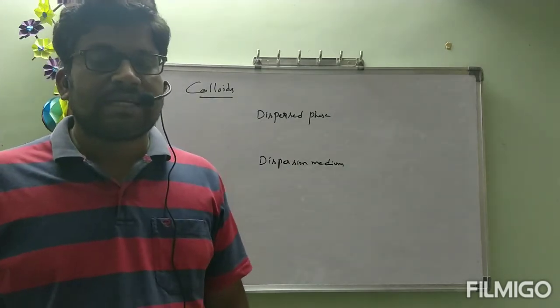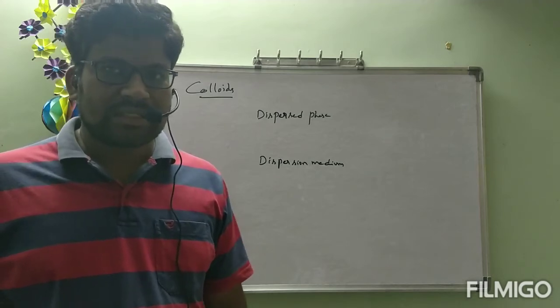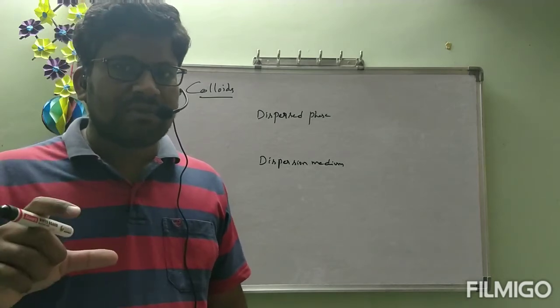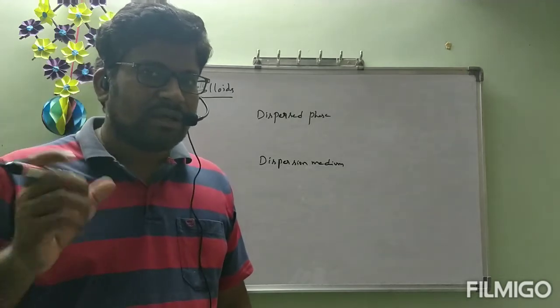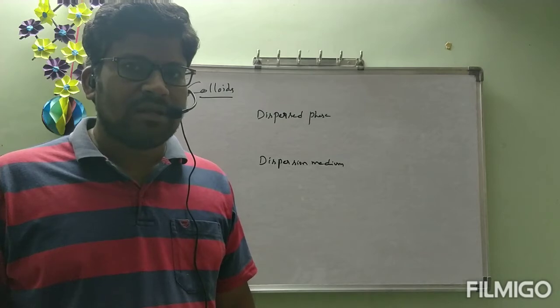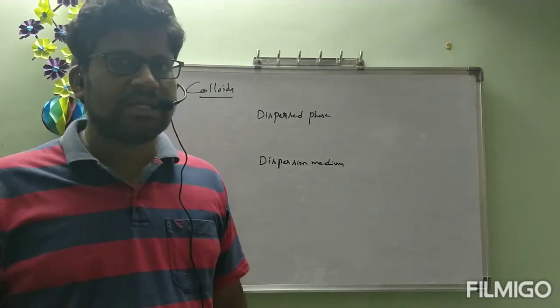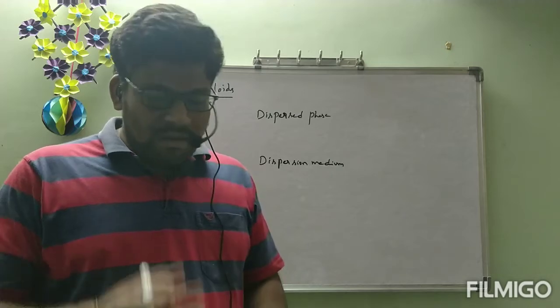Buttermilk is the best example. After some time, when we want to drink it, we have to shake it, because the particles are already settled. Uniformly it will not be there. When we shake it, the particles come uniformly to our mouth.